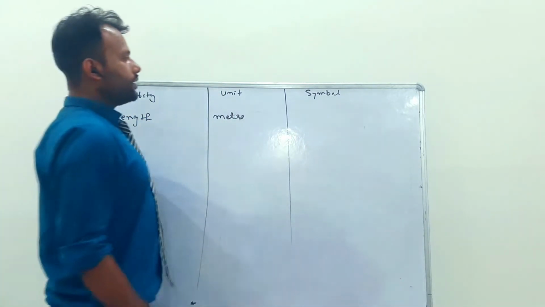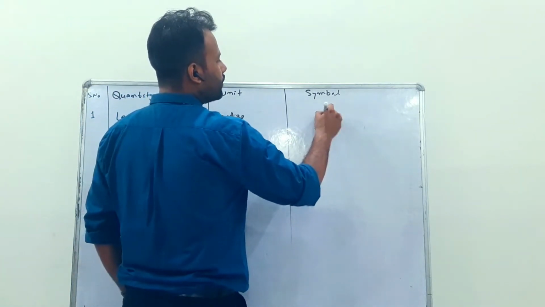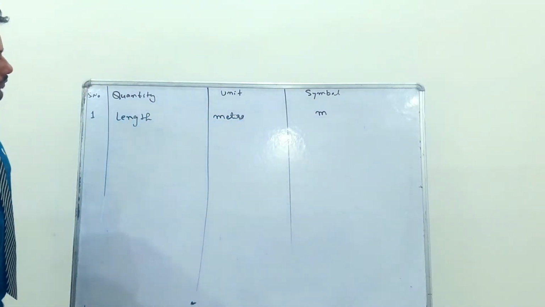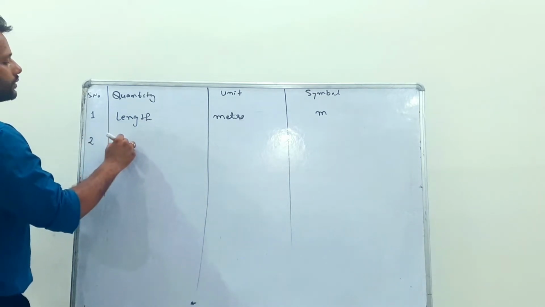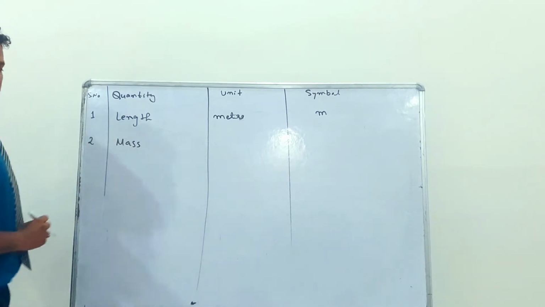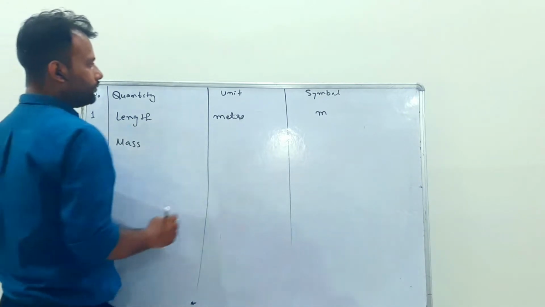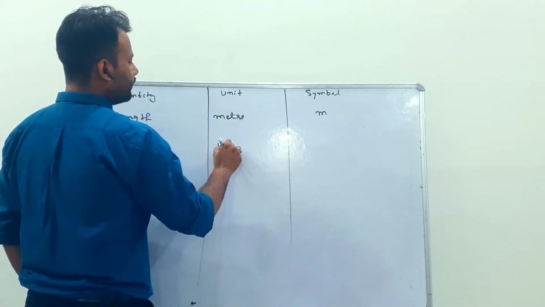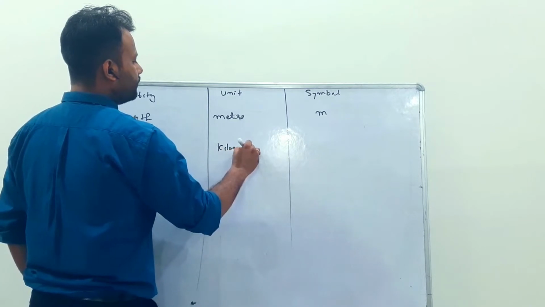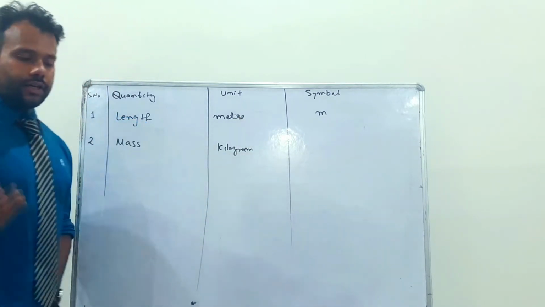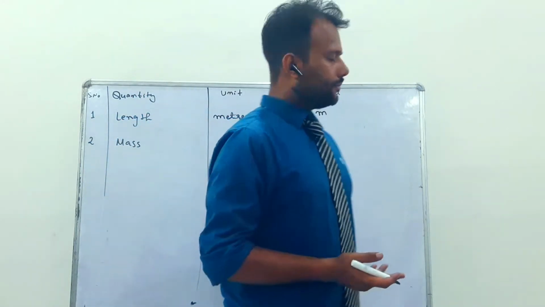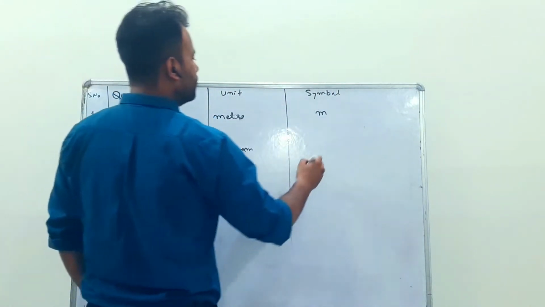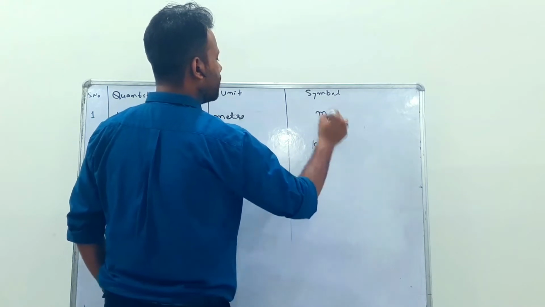The symbol of meter is simply small m. The second fundamental quantity is mass. The unit is kilogram. I think we are studying this unit since class 6th or 7th, right? And the symbol is kg.